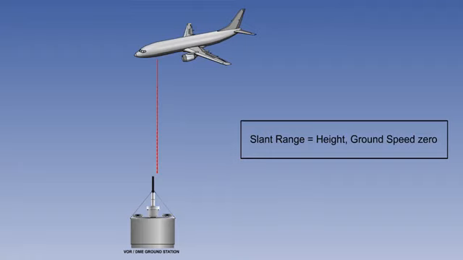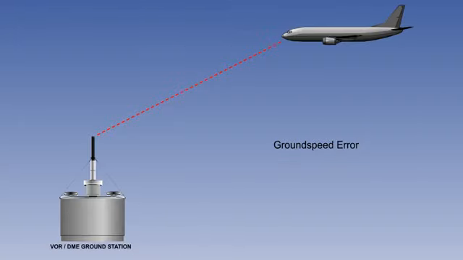Similarly, if the DME has a ground speed computation facility, when the aircraft is above the station, the computed ground speed will be 0 knots. Also, if an aircraft flies a range arc from a DME, the distance does not change. So, a ground speed is only valid when an aircraft is flying directly to or from the station.